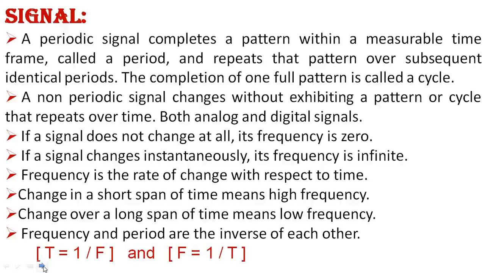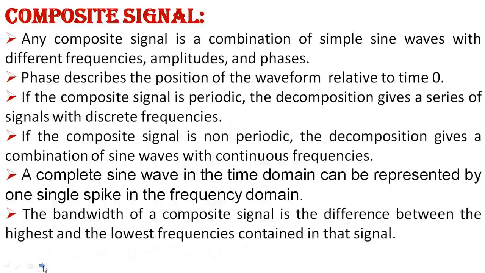Change in a short span of time means high frequency. Change over a long span of time means low frequency. Frequency and period are the inverse of each other, so there is an inversely proportional relation between them. T is equal to 1 upon F, or F is equal to 1 upon T.